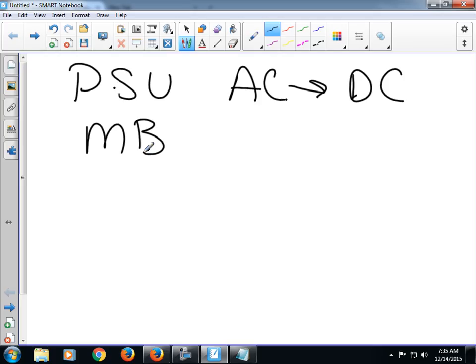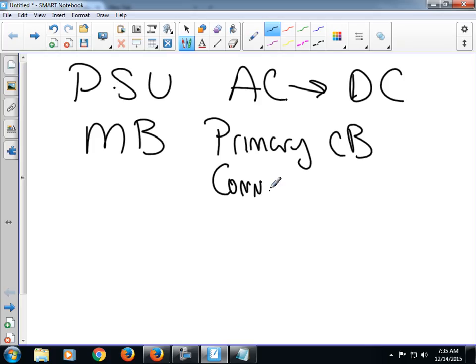If it's not connected, it doesn't work. The motherboard is the primary circuit board. It connects everything to the CPU.